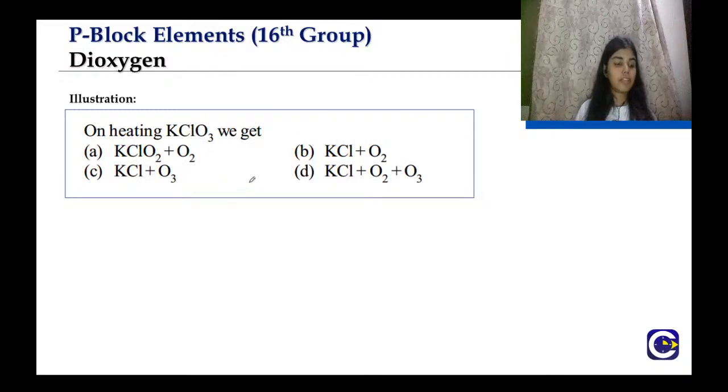Now the next question says that on heating KClO3 we get which of the products, A, B, C or D? This also I marked important.